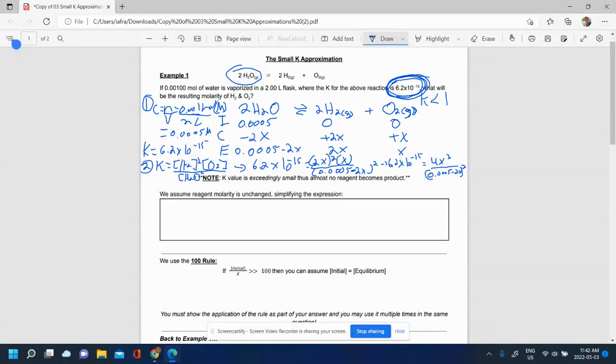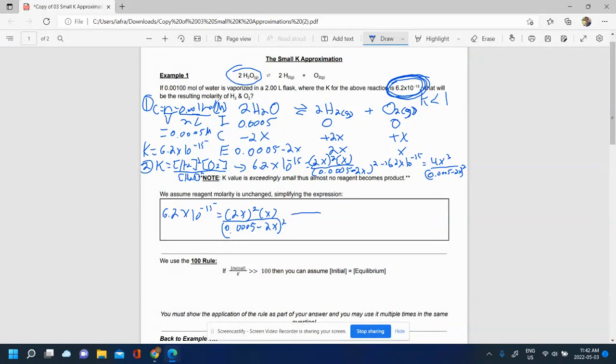So in other words, if it's almost like you lost no reactant, you could simplify this. Let's write this out. So 6.2 times 10 to the power of negative 15 is equal to, we had it before, 2x squared times x over 0.0005 minus 2x squared.